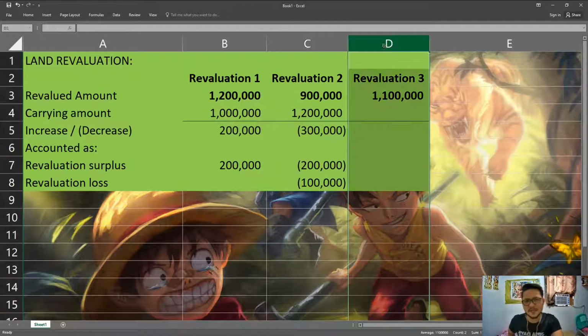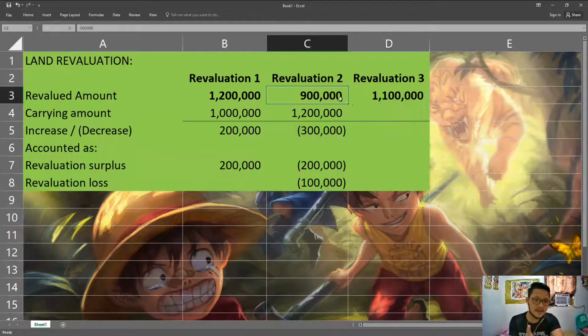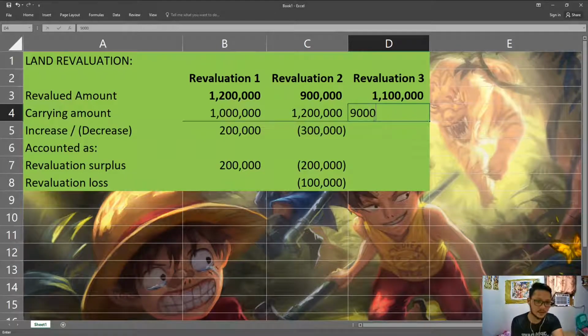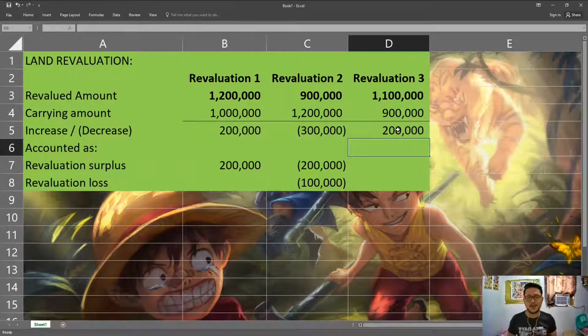Fast forward, diretso na tayo revaluation number 3. On the third time na nag-revalue, 1,100,000 na. Ano ang carrying amount natin? It is the revalued amount last year. So, 900,000 na ang carrying amount natin ngayon. Yan. Meron na naman tayo increase of 200,000. So, here is how it is accounted for. Una, is there a revaluation loss that we recognized in previous revaluations?